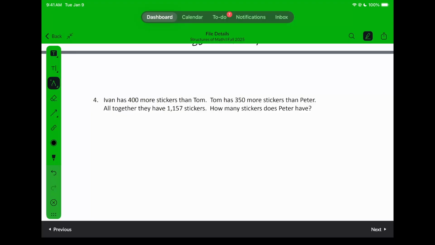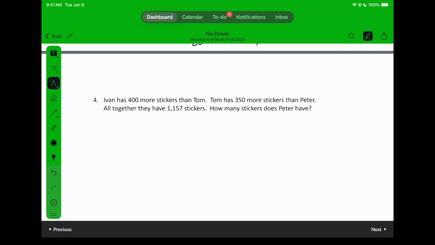Ivan has 400 more stickers than Tom. Go, Ivan. Tom has 350 more stickers than Peter. Altogether, they have 1,157 stickers. How many stickers does Peter have?